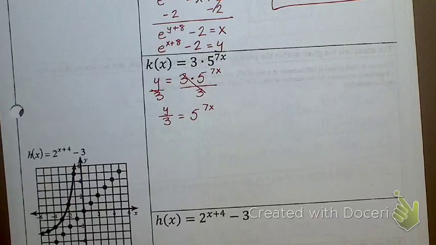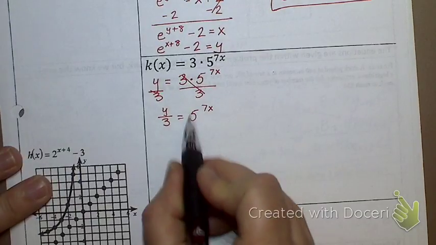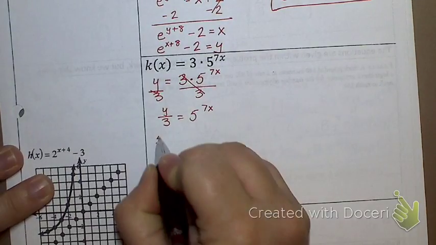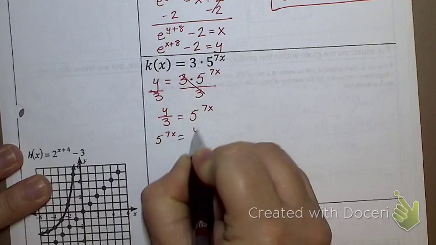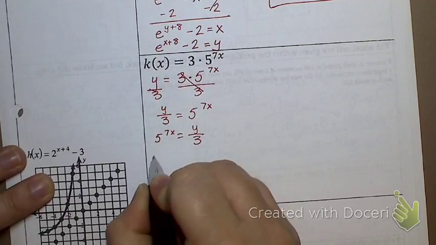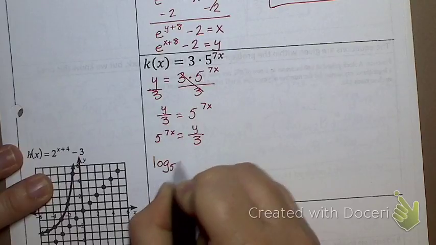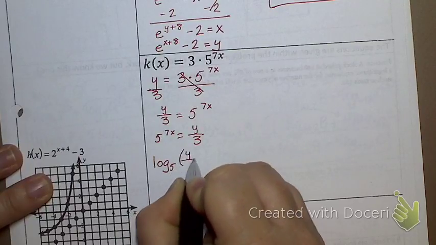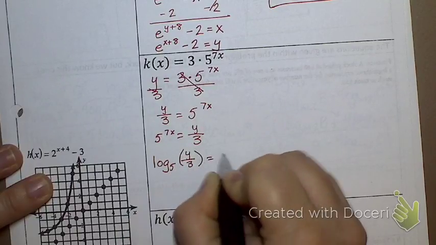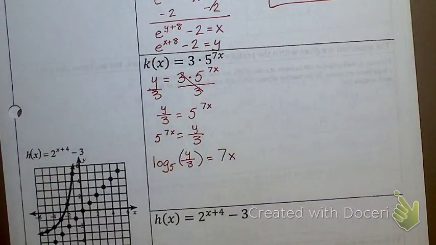Go to log form. It's going to be easiest to go to log form if my exponent is on the left, so I'm going to flip it first. So I have log base what? 5 of y over 3 equals 7x. I have two options here.